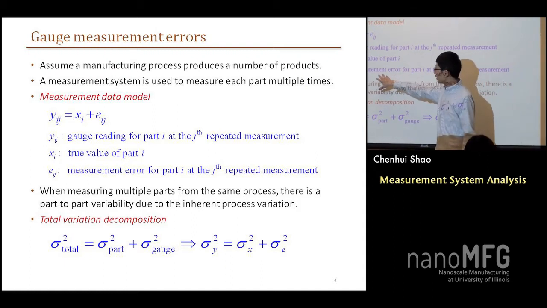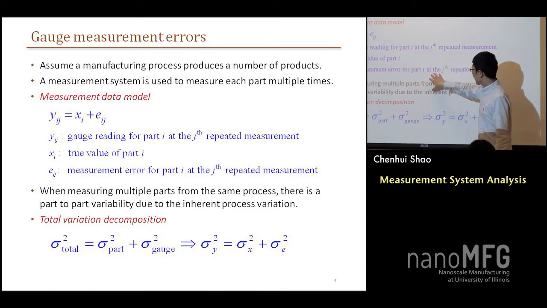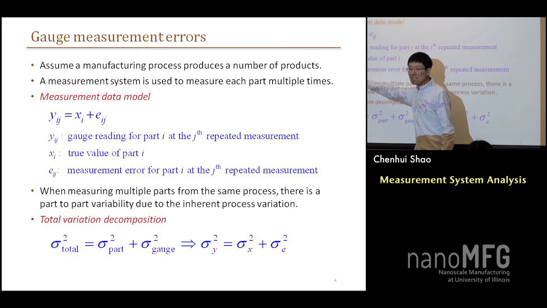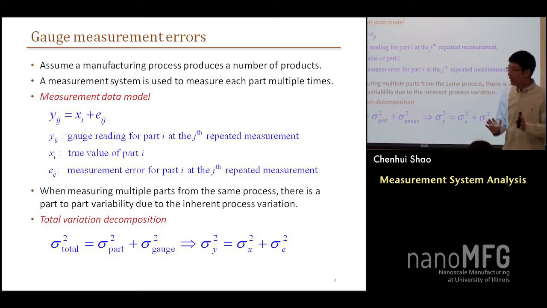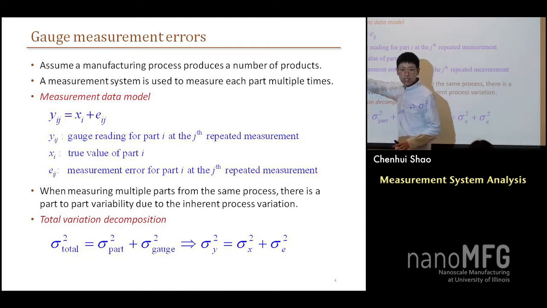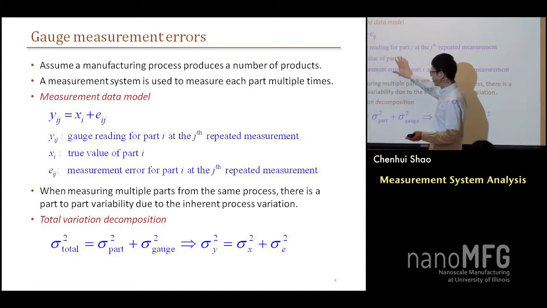For part i at j's repeated measurement, the error term is given by Eij. Typically, you would assume Eij is 0, so we have the relationship Y is equal to X. But here, we want to study the contribution of Eij in your measured value Yij. How much does Eij contribute? That's our goal.